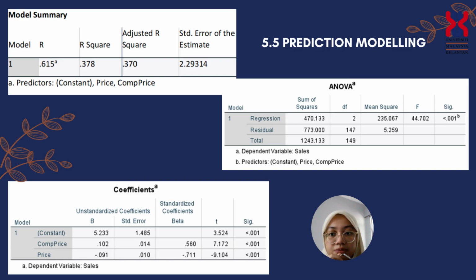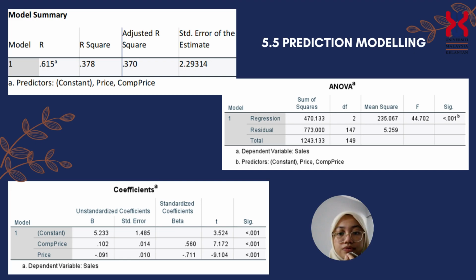ANOVA. The p-value from the ANOVA table is less than 0.001, which means that at least one of the two variables, comprise and price, can be used to model sale. Last, coefficient.